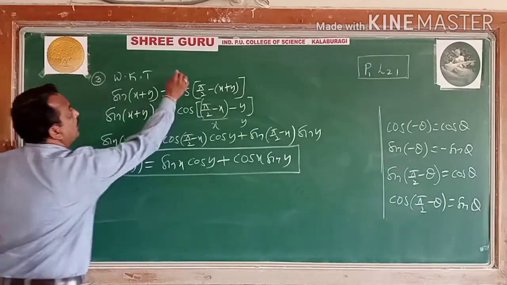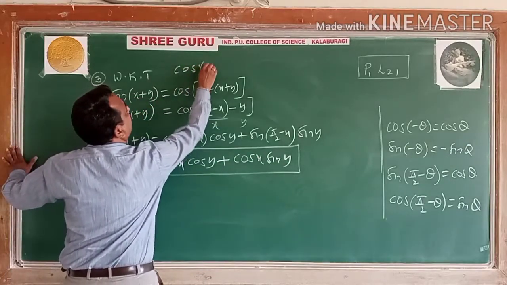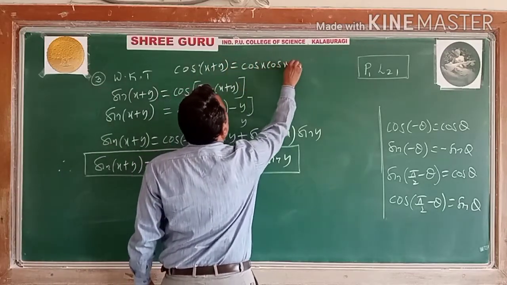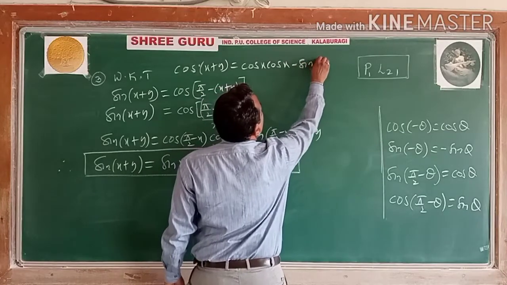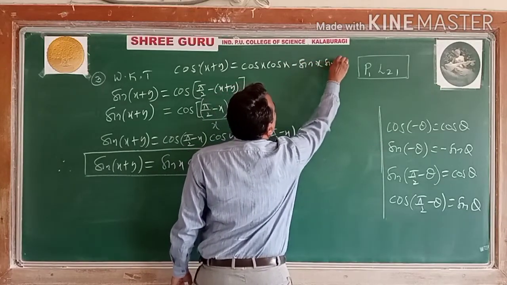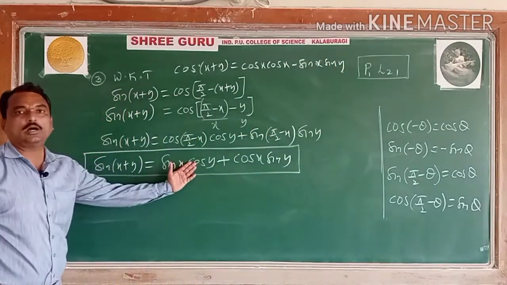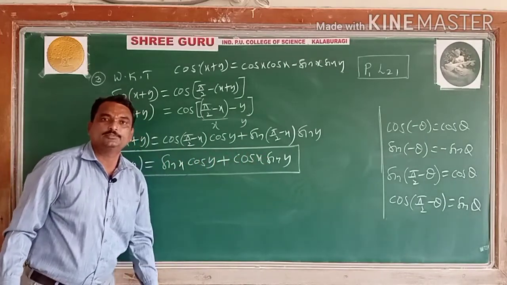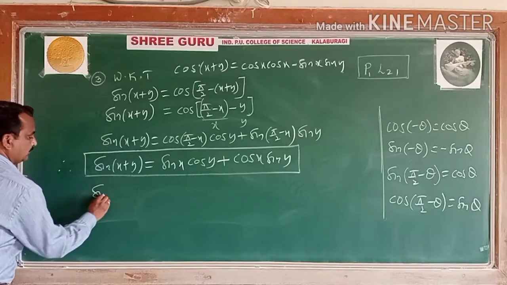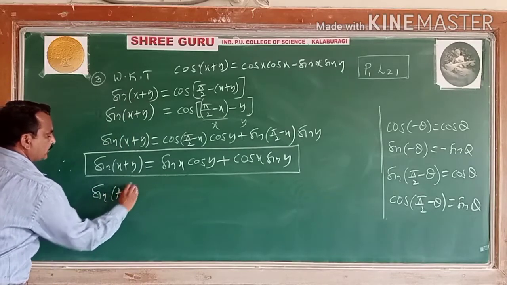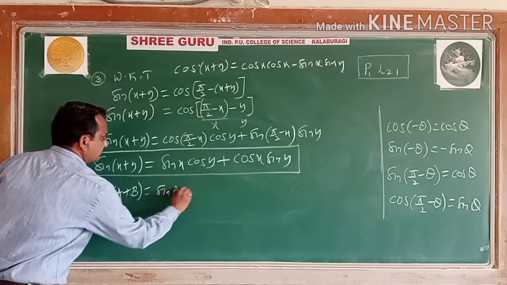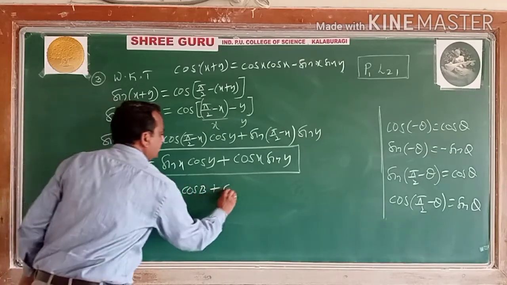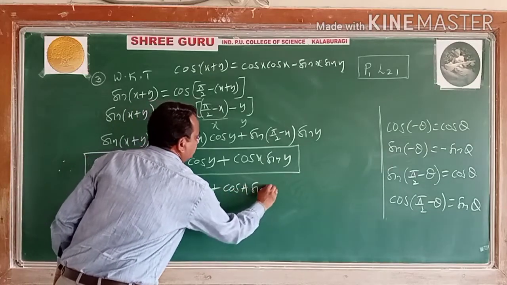Whereas in the formula of cos of x plus y, both cos and sin terms appear, but here it is one sin term and one cos term: sin x cos y, cos x sin y. In terms of a and b, students, it is sin a cos b plus cos a sin b.